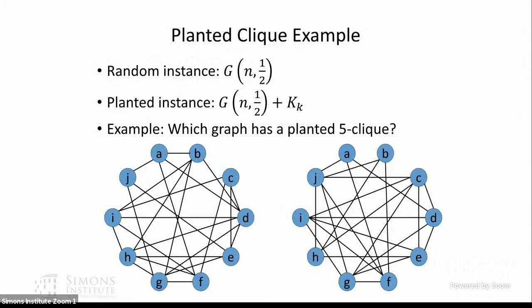So here's an example for planted clique. Here is one graph from the random distribution and one graph from the planted distribution. Can you tell which graph has a 5-clique? Just call it out if you see it or take a guess. It's actually the one on the left that happens to have more edges, but it's actually the one on the right.